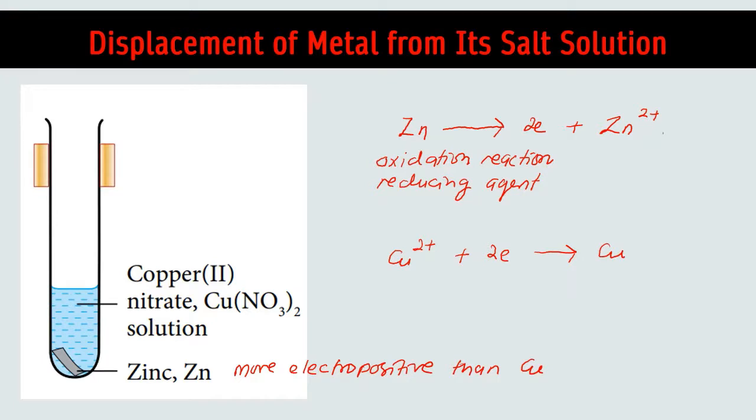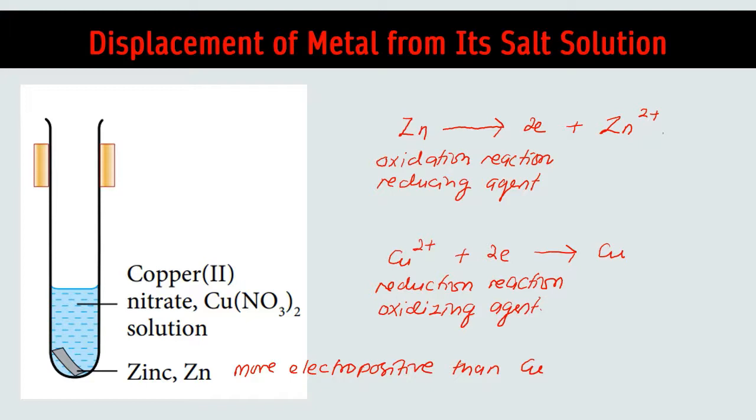When copper ion receives the electrons, copper ion undergoes reduction reaction. Copper ion is said to be an oxidizing agent.